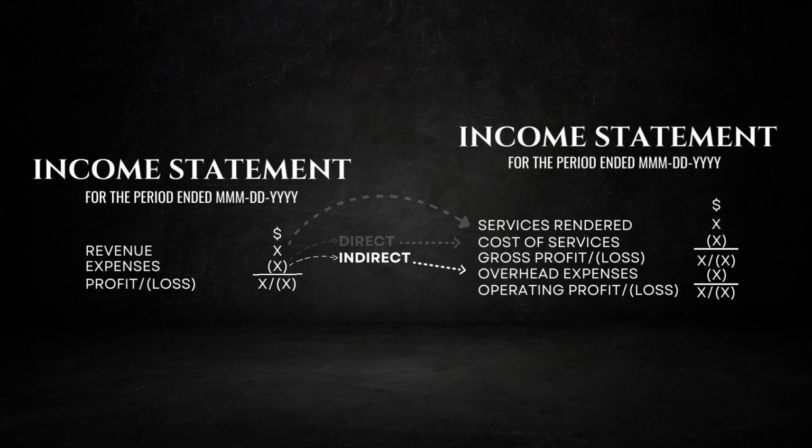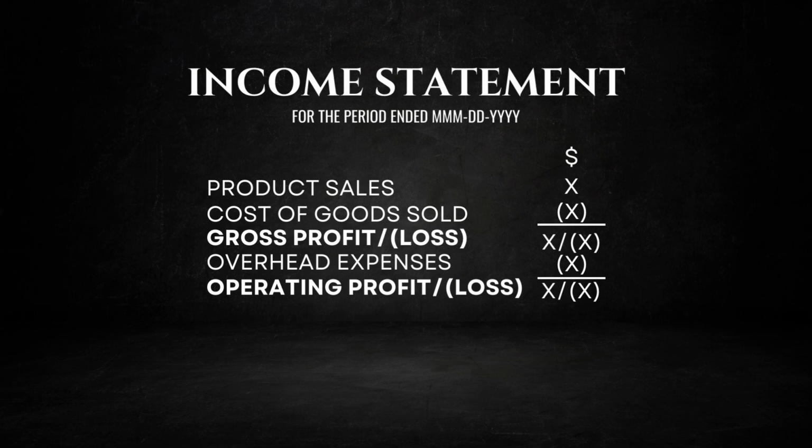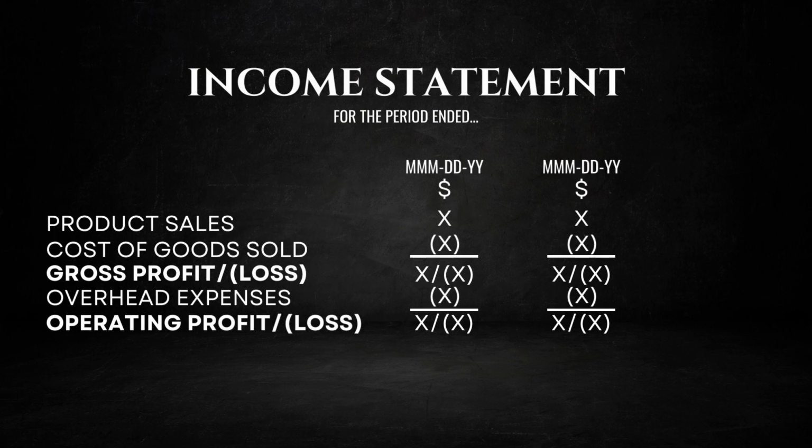Now, let's take a moment to reflect on the true power of the income statement. It serves as a tool for evaluating a business's financial health. But how does it accomplish this monumental task? Well, it does so by providing us with the means to compare our financial performance against different accounting periods. These comparative periods can be as diverse as the current month versus the previous month or this year compared to the previous year.